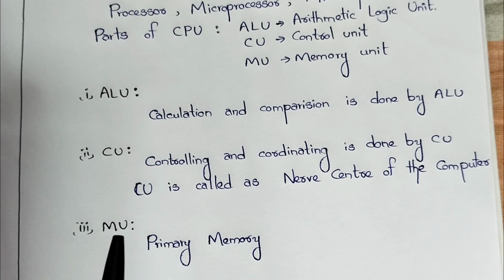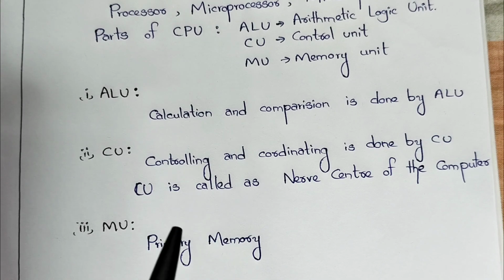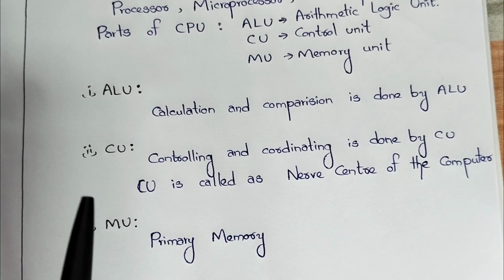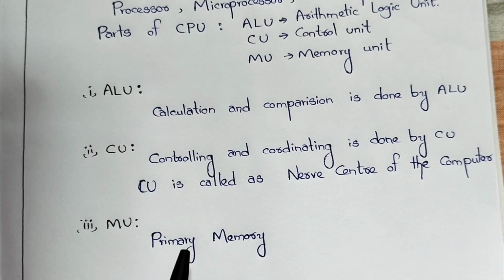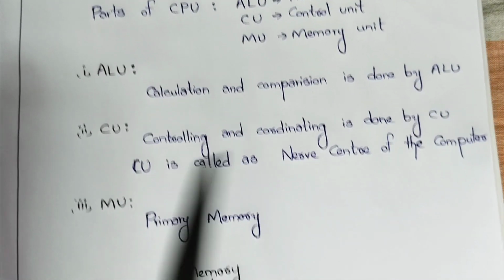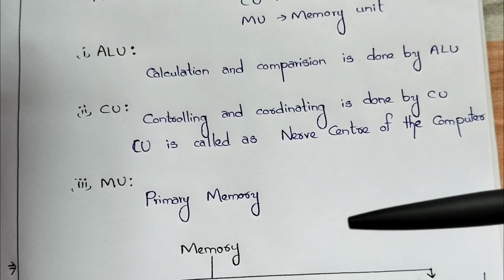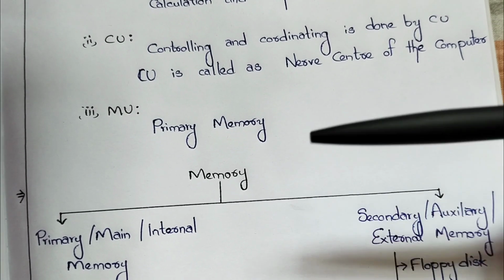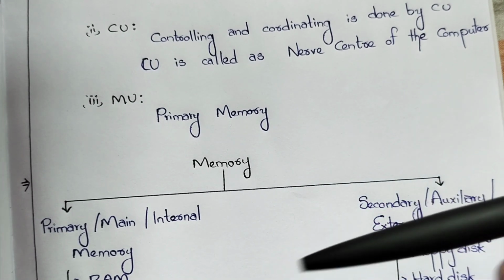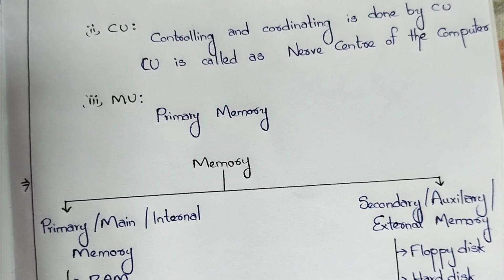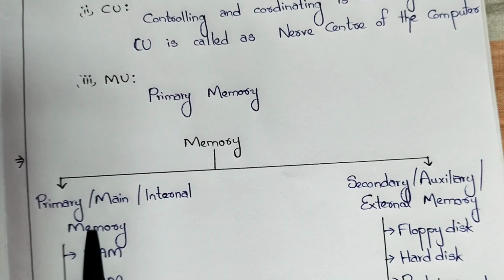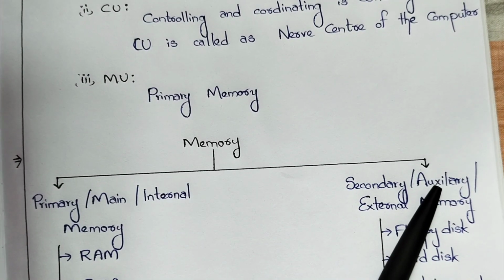So memory unit, primary memory. We will cover primary memory in detail later in the series of lectures. Since we are talking about the memory unit, let me tell you what is a memory, the types of memories, and examples of memory. Memory is actually of two types, primary memory and secondary memory.